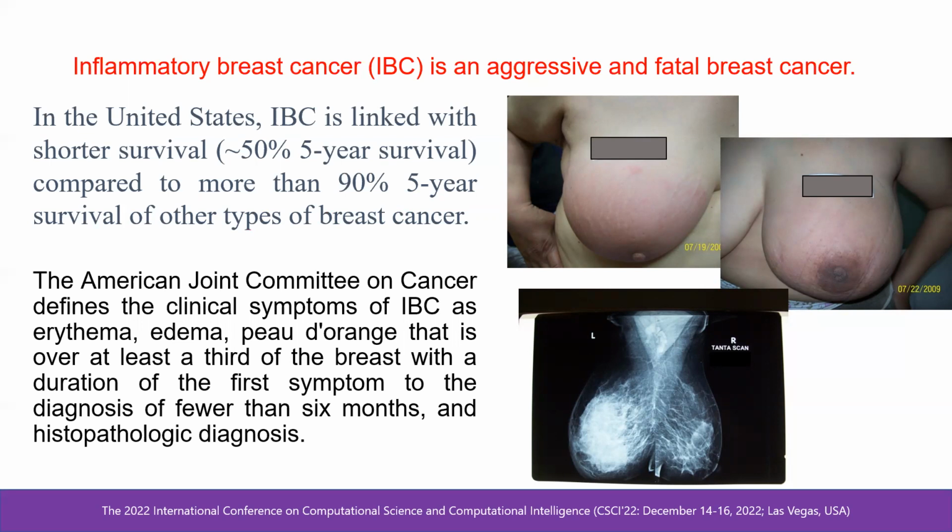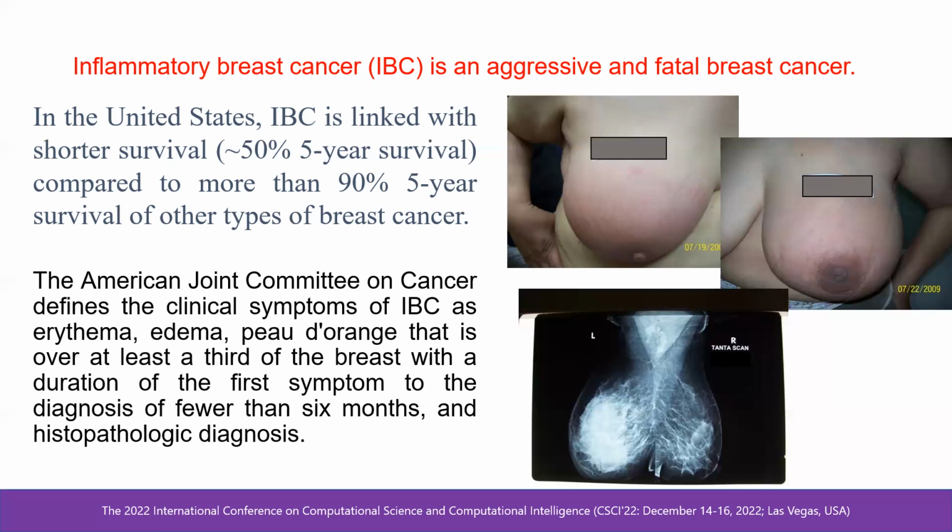The diagnostic criteria of IBC, as defined by the American Joint Committee on Cancer, AJCC, include erythema, redness, edema, and peau d'orange over at least a third of the breast, often with no underlying tumor mass.